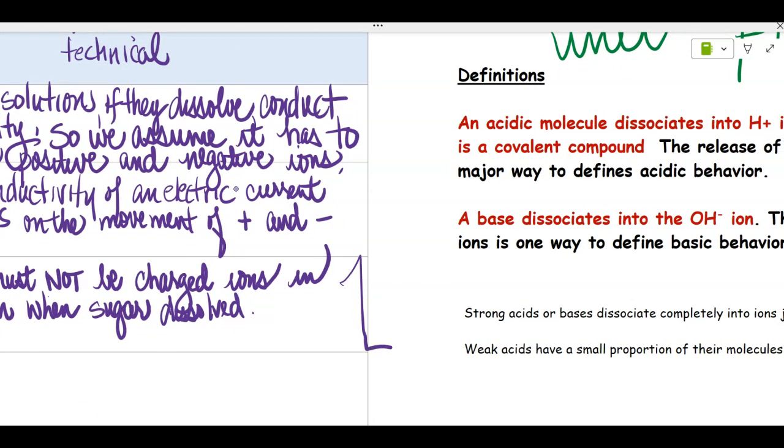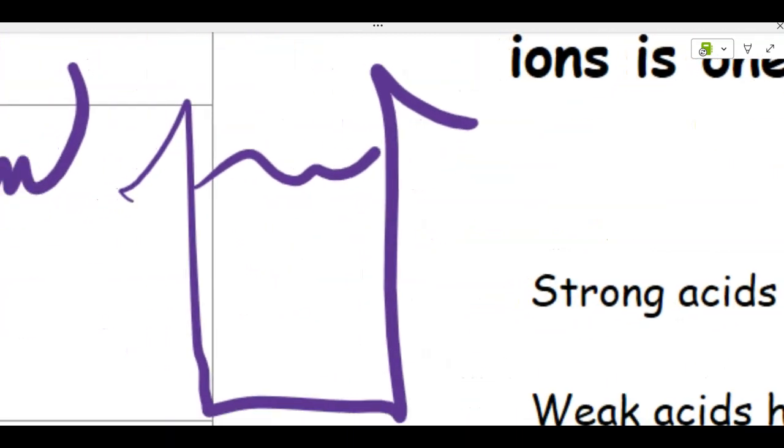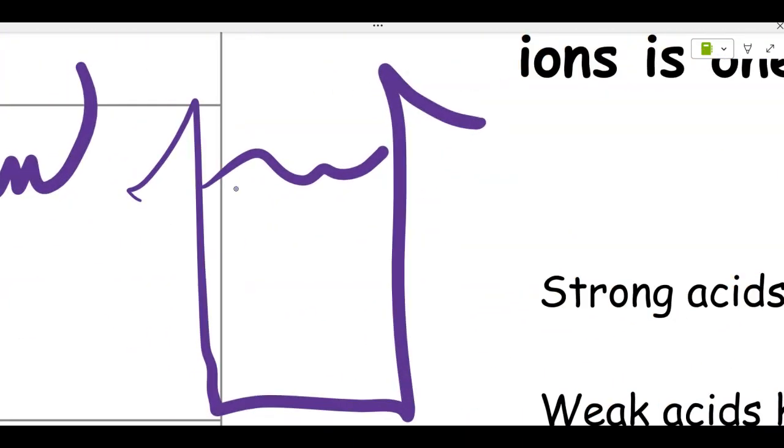So, if we have a beaker of sugar water, all right, let me make it gigantic. All right, there's no ions, so we put sugar in, C12H22O11. All right, we put that in, and it stays just the same.